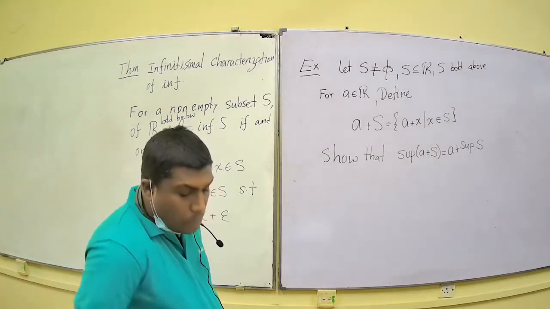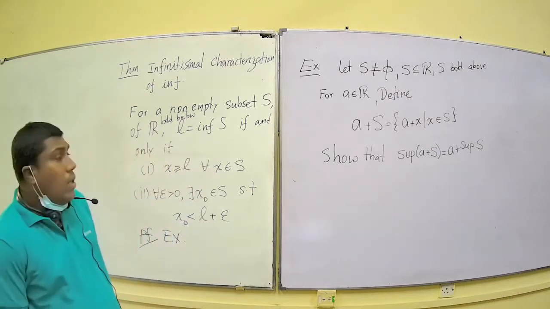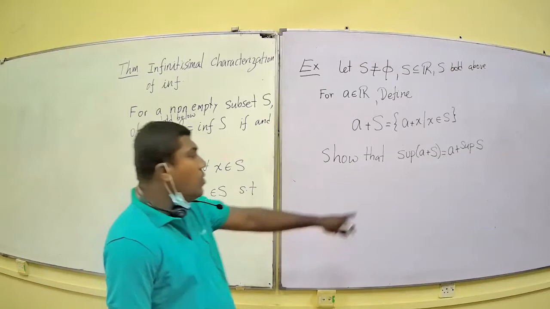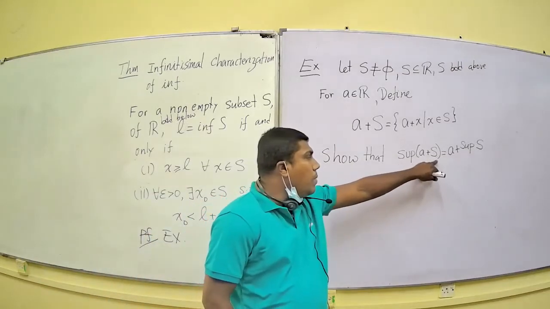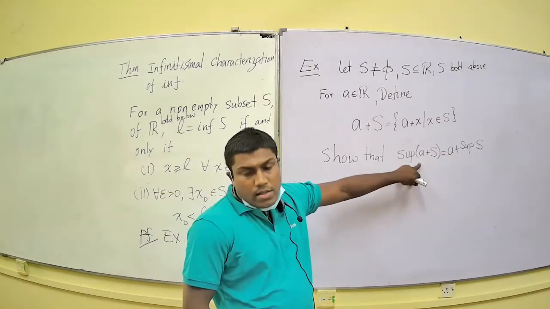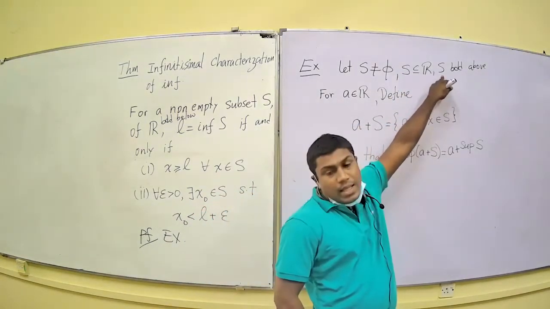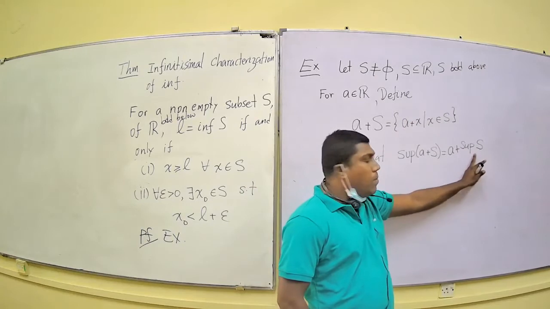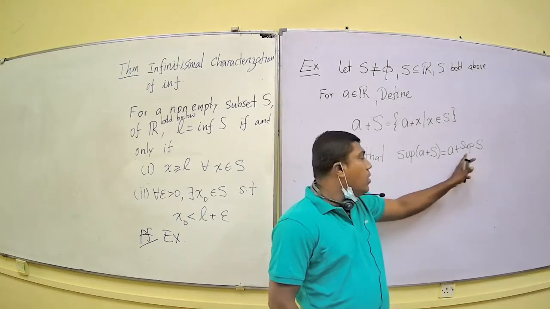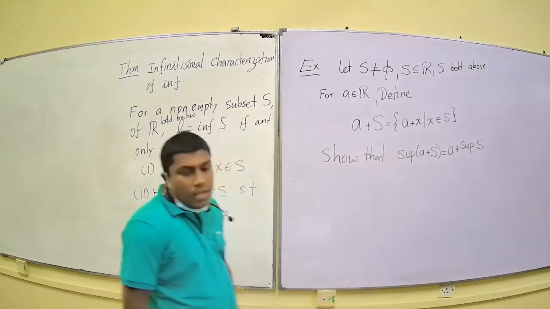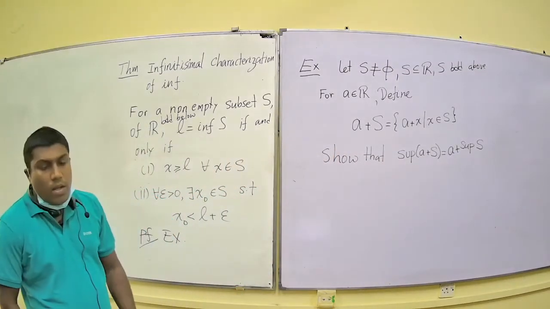There are a few things you have to do. First of all, you have to make sure that the supremum for this set exists. You only know the supremum of S exists, but you don't know whether the supremum of this set exists or not.